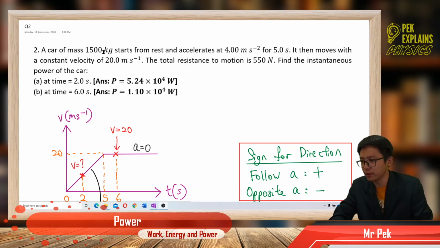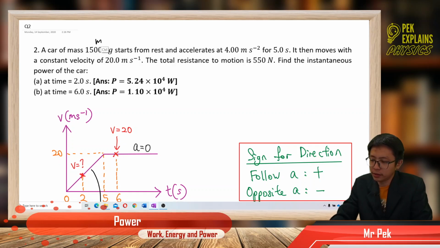Right? So the information given here is the mass of the car. It starts from rest, so that means initial velocity is 0, acceleration for 5 seconds, the constant velocity 20, and resistance to motion, so this is more to friction.